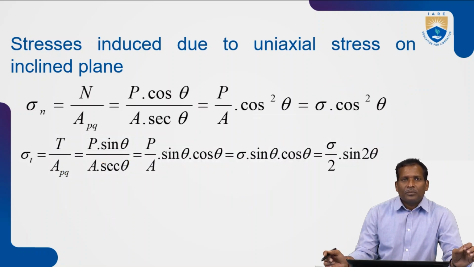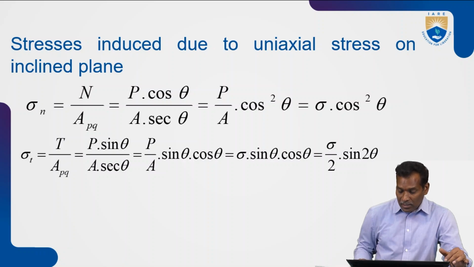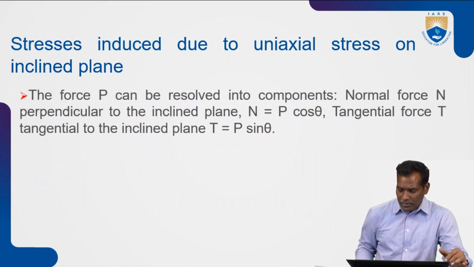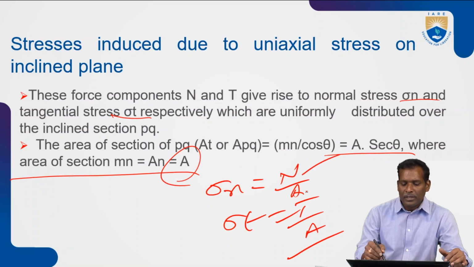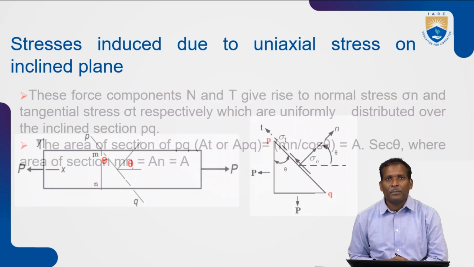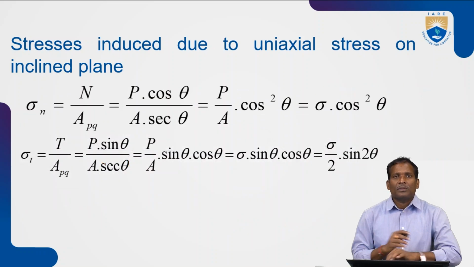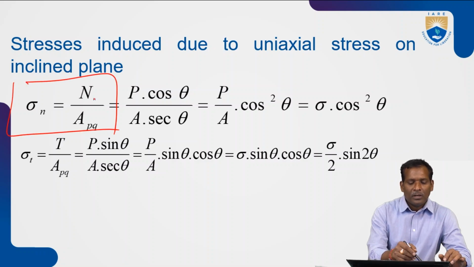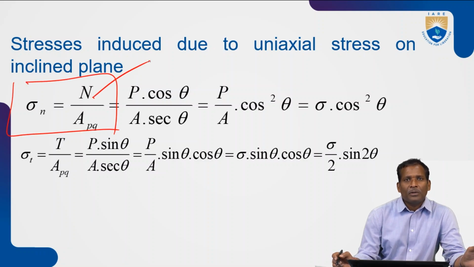Now calculate the normal stress. Already I told you the normal stress can be calculated by the normal force by the area of the PQ section. So sigma n, the normal stress, is equal to the normal force by the area of PQ.